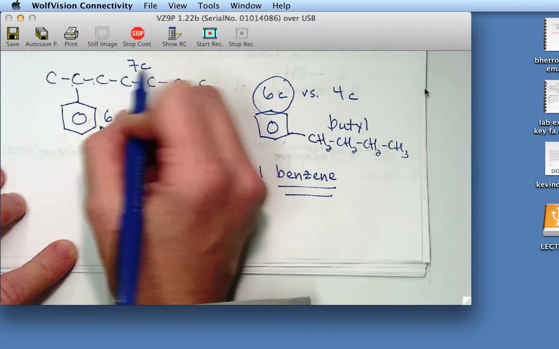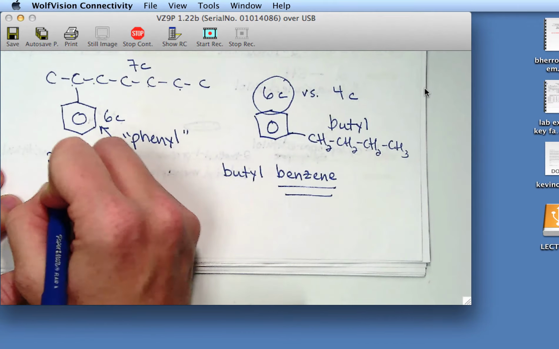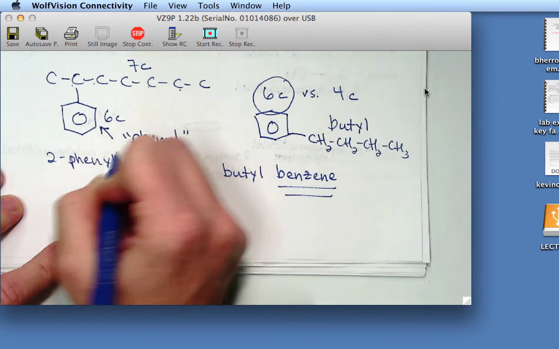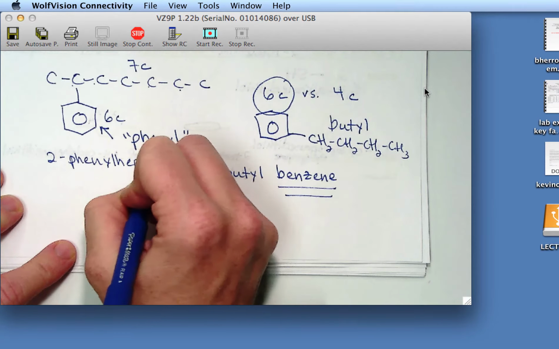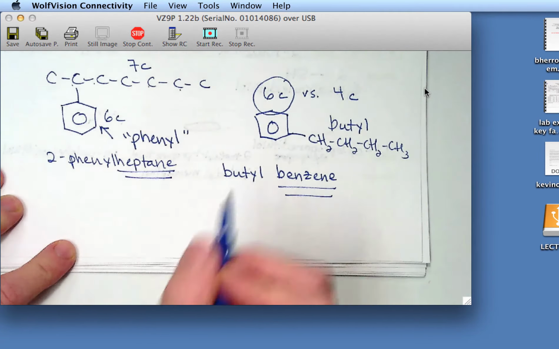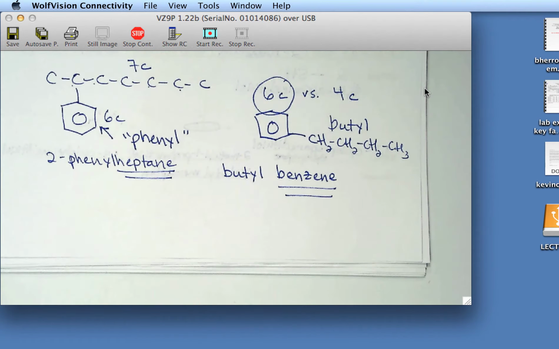That's why this would be 2-phenyl heptane. That's why heptane. Is it always 6?